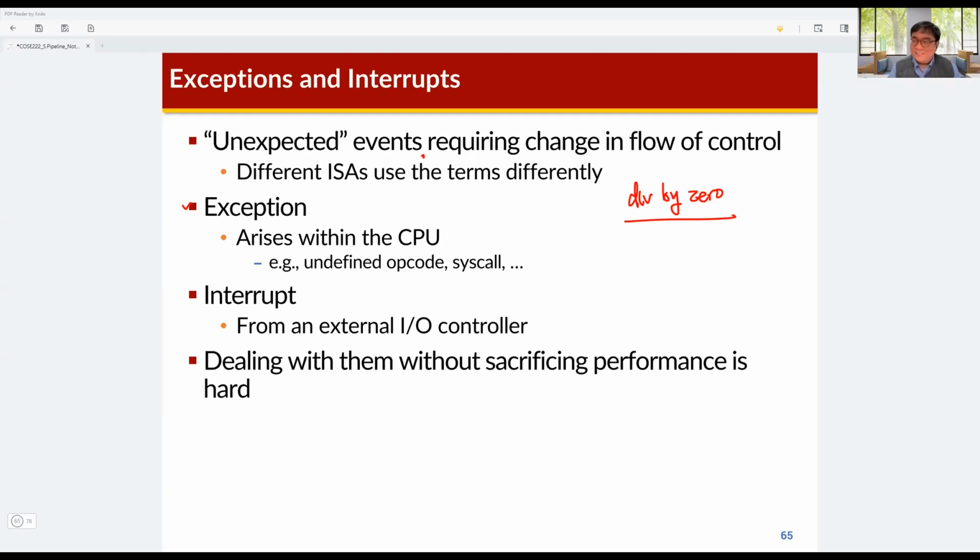Okay, but it's also true for our real world. Basic concepts are very simple, but it's not easy to handle exceptional cases or corner cases. So in the next class, I will explain about how to handle exceptions in the pipeline processor.